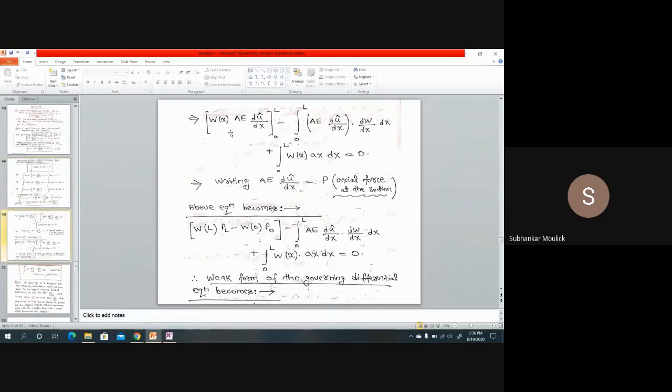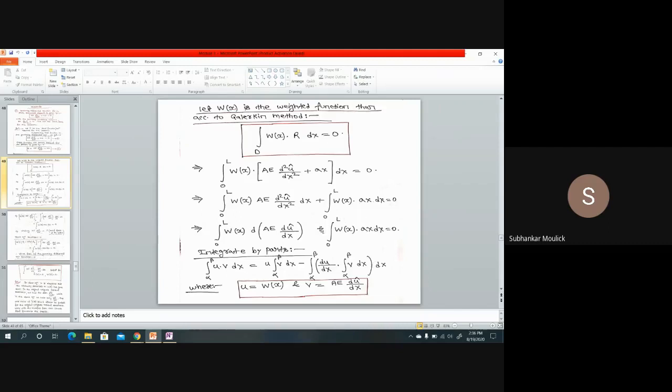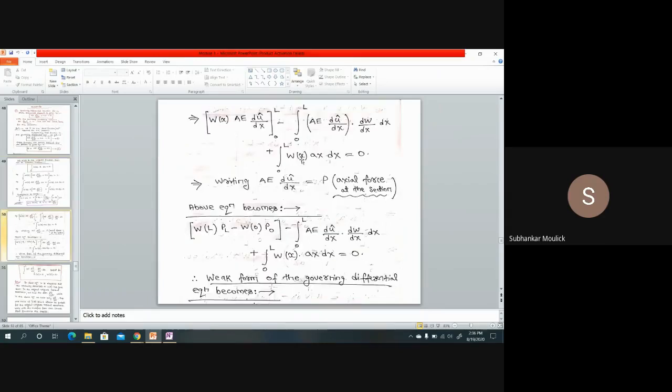Yes, see this: W of x A E du cap over dx from 0 to L, minus integral 0 to L A E du cap over dx into dW by dx into dx, plus. Now this term I have written as it is: plus integral 0 to L W of x a x dx equal to 0. Fine.